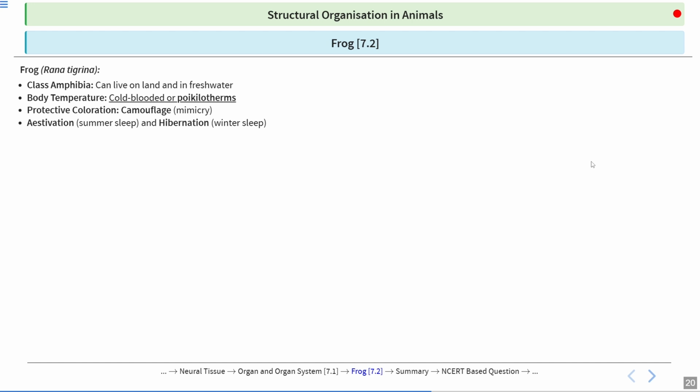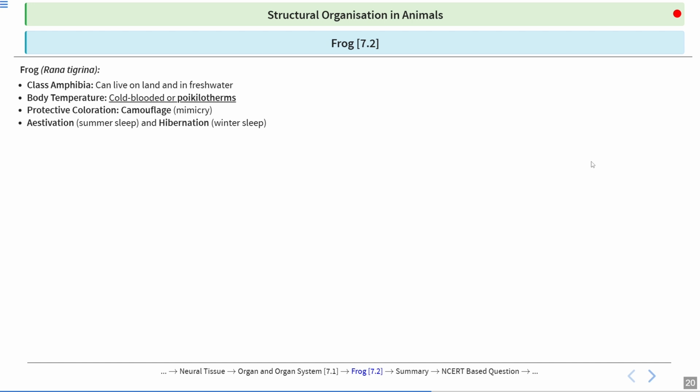Estivation is also called the summer sleep. At this time, the frog reduces its metabolic activity to the lowest level, right? And at the time of hibernation also, it reduces its metabolic activity and goes to sleep.